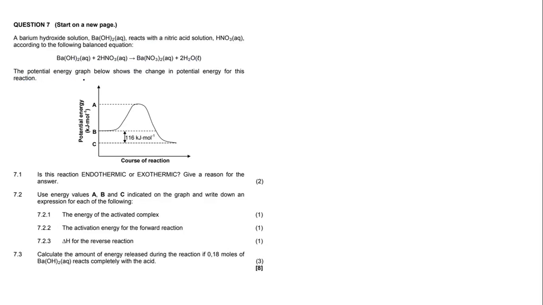Now, the potential energy graph below shows the change in potential energy for this reaction. It is true, for this reaction to take place, energy is involved throughout the entire reaction: the energy needed for the reaction to take place and the energy that is going to be released. There are many energies actually involved. But now let us go through this potential energy graph.